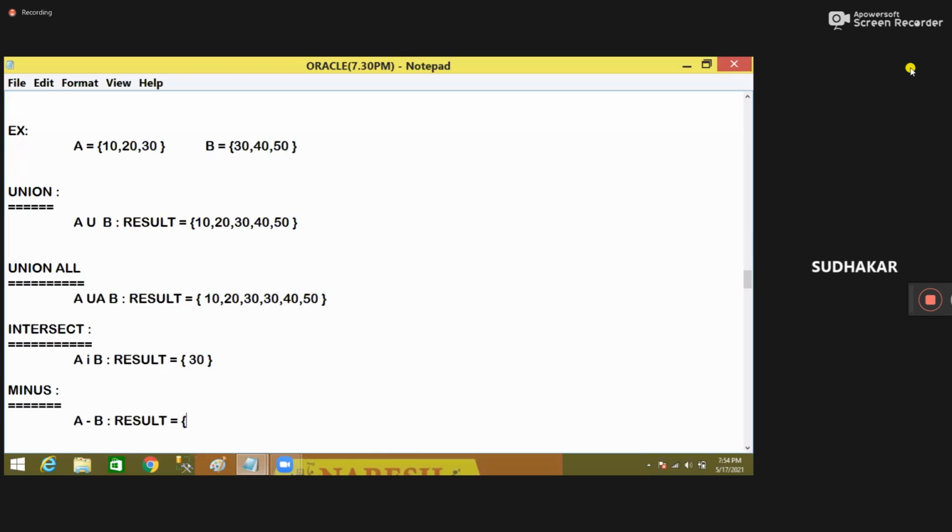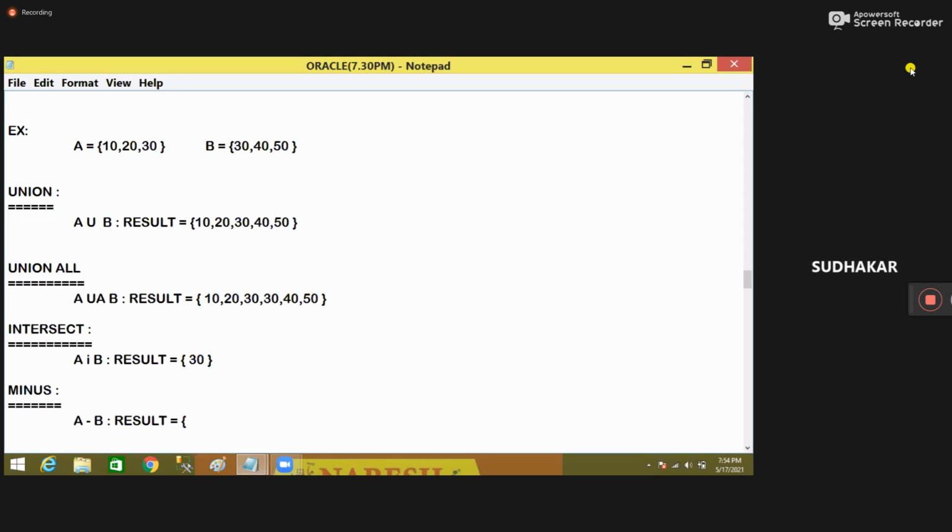Yes, here very important, observe. A minus B. Your minus operator returns the left side set's unmatching values. A is the left side and B is the right side.